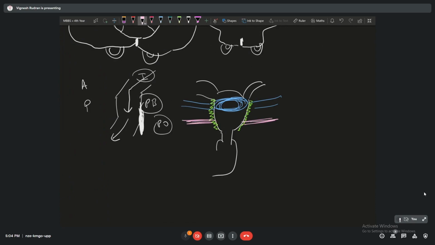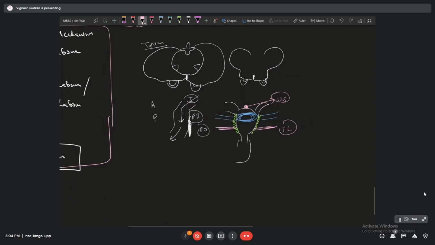This is your transverse ligament of Mackenrodt, and there'll be one ligament over here, that is your uterosacral ligament. So these four are the primary attachments of the uterus, and if you're going to remove the uterus, you clamp these attachments and cut them off, and only then will you be able to remove the uterus.